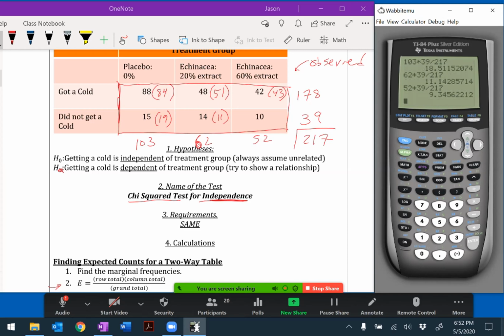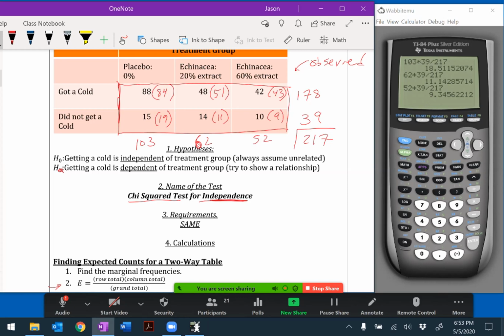So that becomes 9. And so this is going to be a chi-square again, based on the expected amounts and the observed amounts, right? So all of the ones in black are the observed values. All of the ones in red are expected.